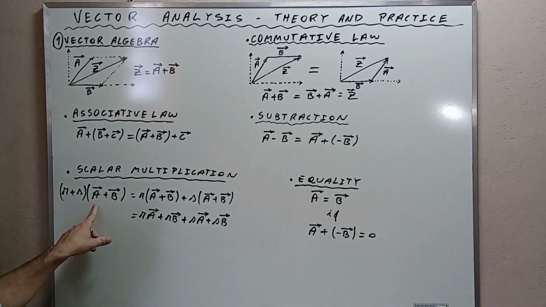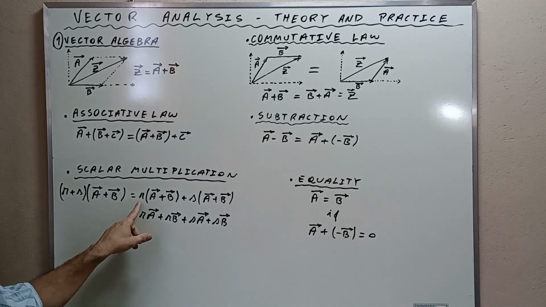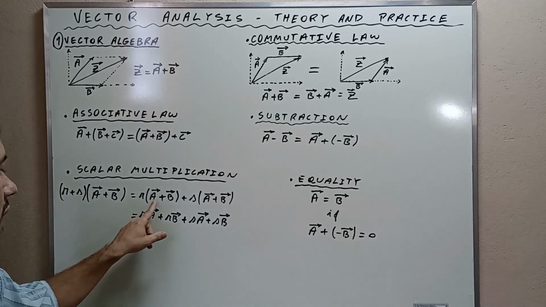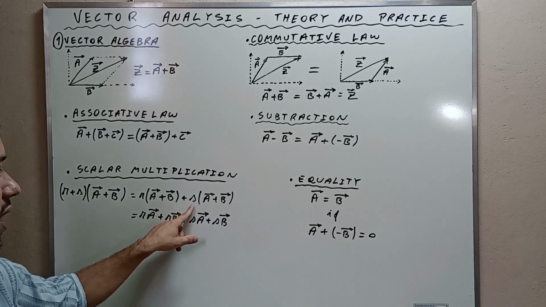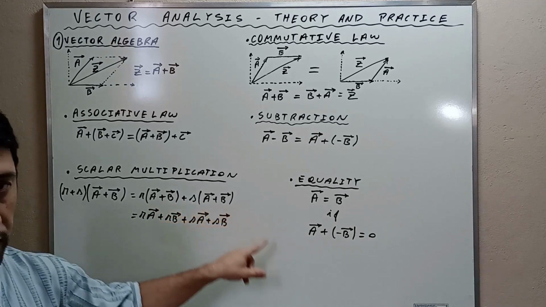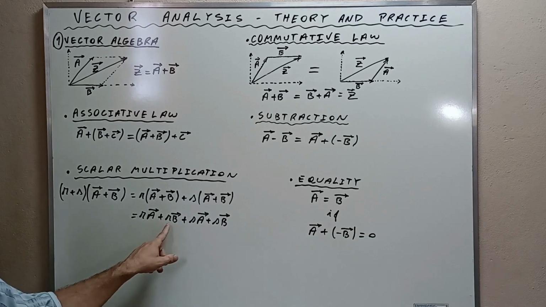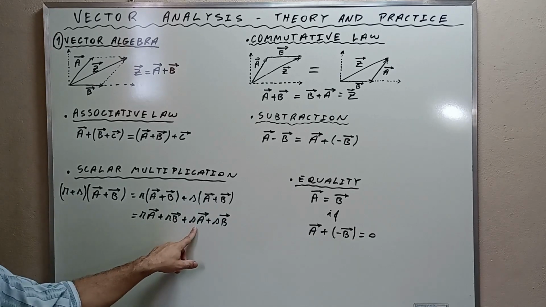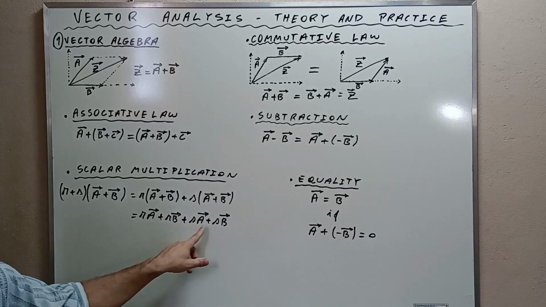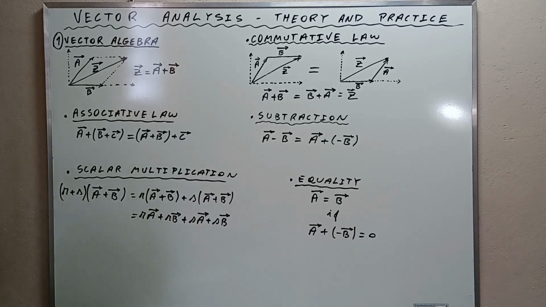R plus S times A plus B is equal to R times A plus B plus S times A plus B. And this results in R times A plus R times B plus S times A plus S times B. Okay? This is how scalar multiplication of a vector is carried out.